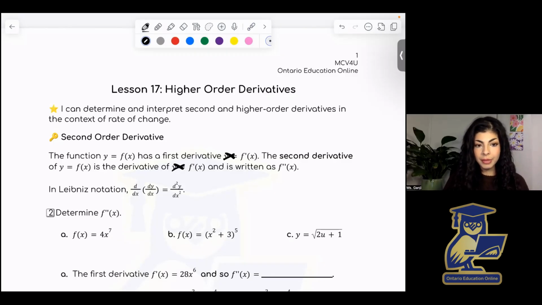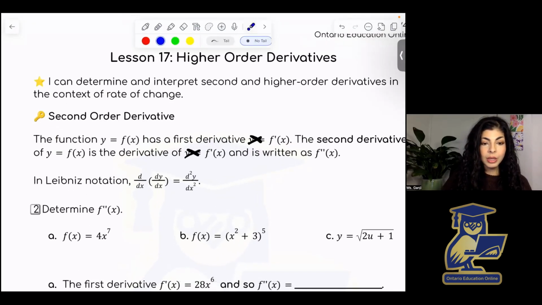And in Leibniz notation, it is written as follows.